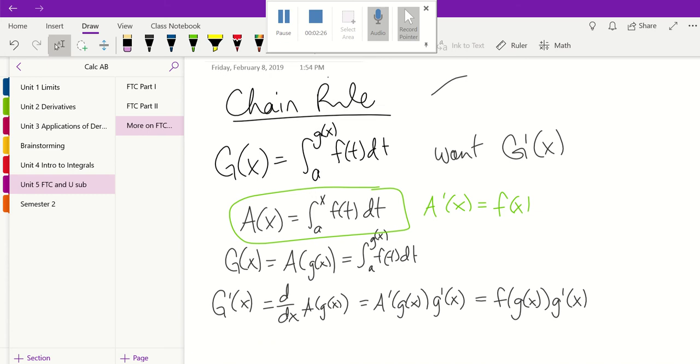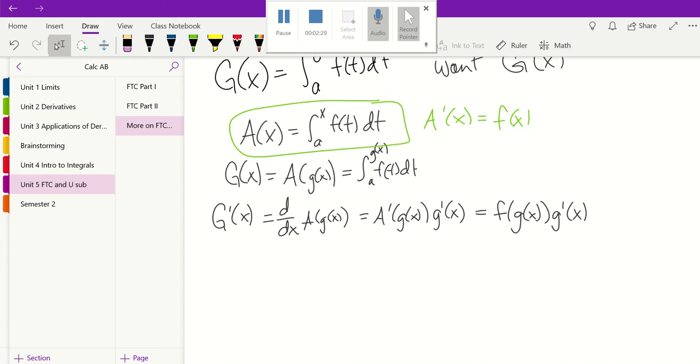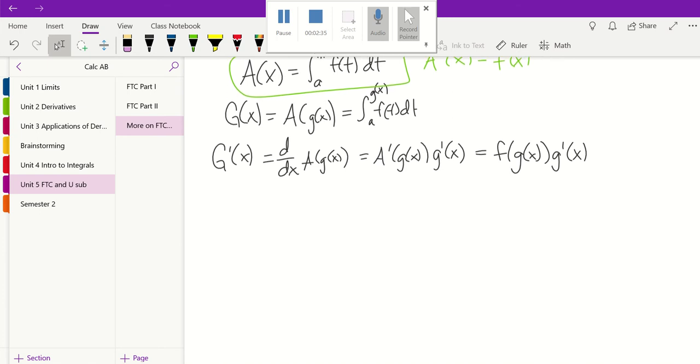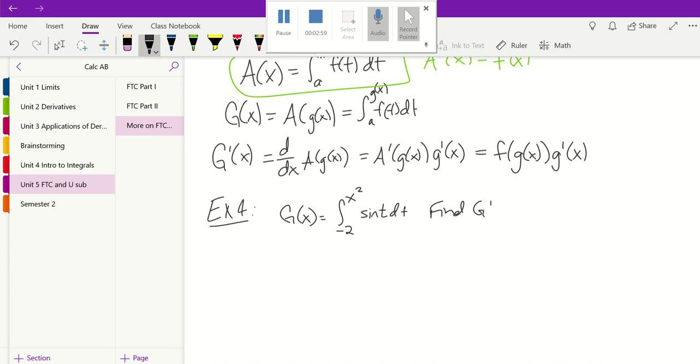So let's look at a concrete example to see how that works out. This is example 4. Consider we have capital G of x as the integral from -2 to x squared of sine t dt, and we're asked to find G prime of x. This is exactly the situation that I was talking about up here.